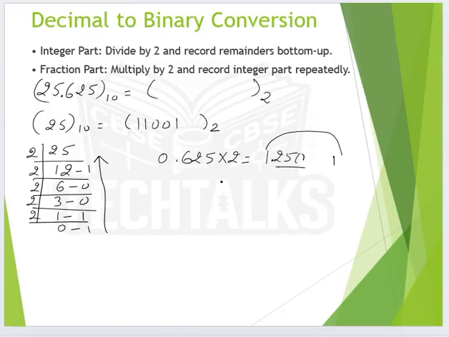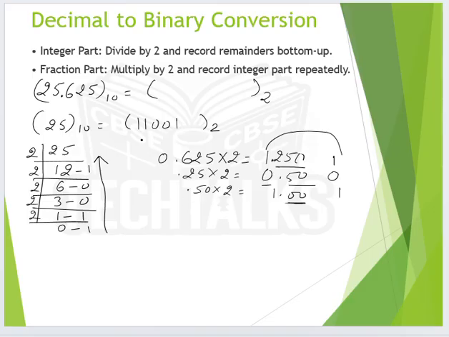Now take this 0.25. 0.25 into 2, you get 0.50. Take the integer part 0, so 0 will come here. Now again multiply 0.5 by 2, you get 1.00. Now as the digits after the decimal point are zeros, we stop here.